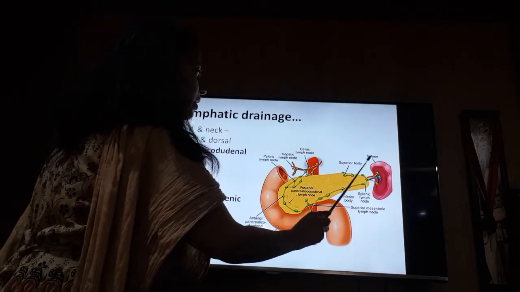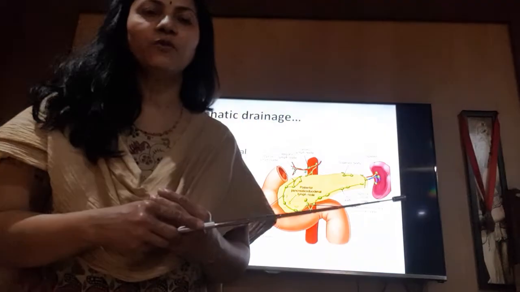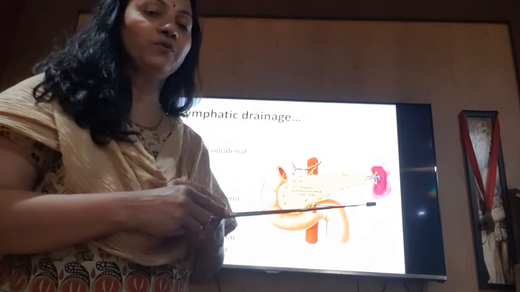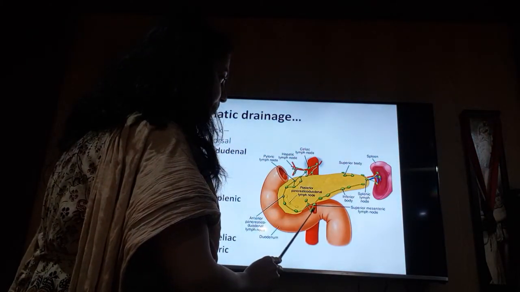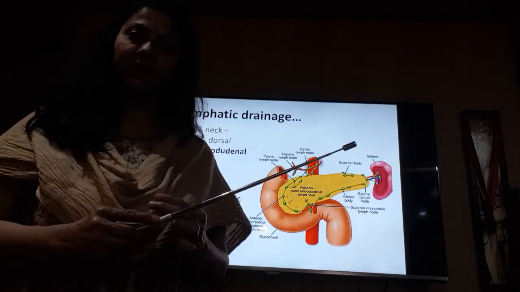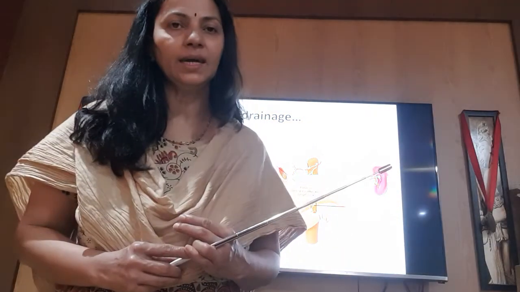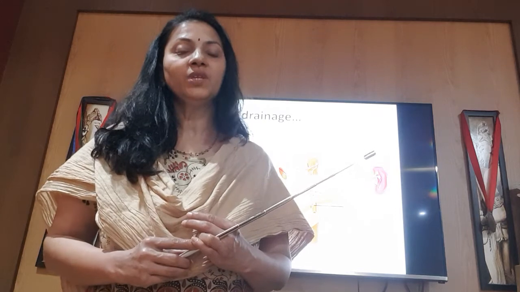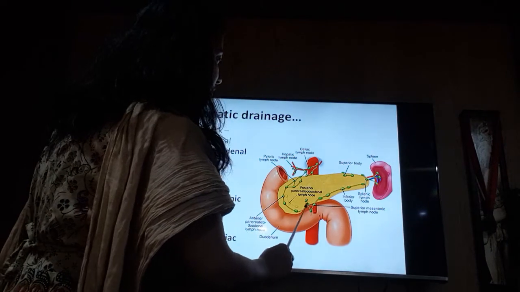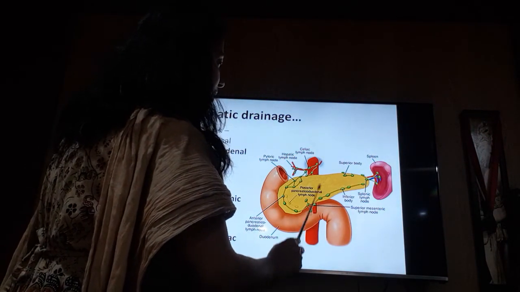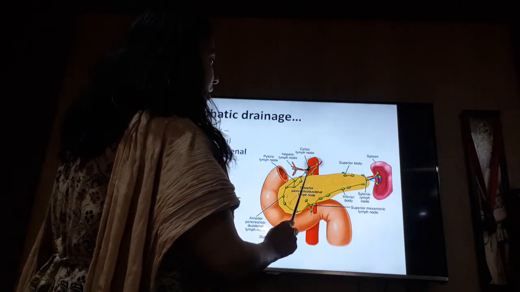So all the lymphatics or lymph nodes draining from the foregut region have to finally drain in the celiac lymph nodes. This is the superior mesenteric artery, which was the artery of the midgut. So all the lymphatics or lymph nodes draining the area formed by the midgut have to finally drain in the lymph nodes around this superior mesenteric artery. So these lymph nodes are called superior mesenteric lymph nodes, and these are called celiac lymph nodes.